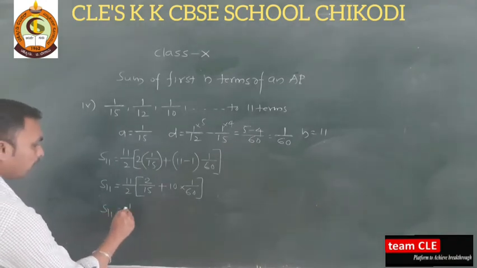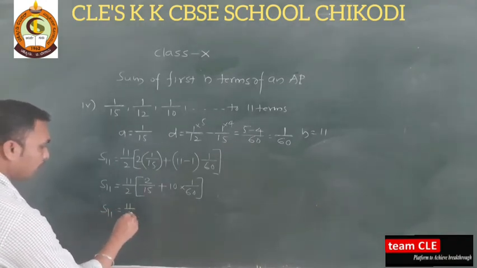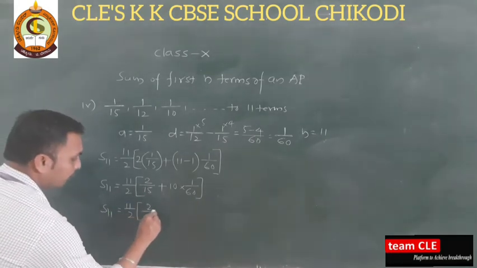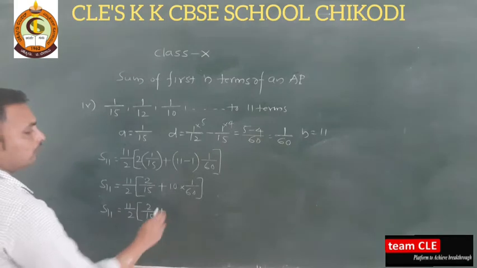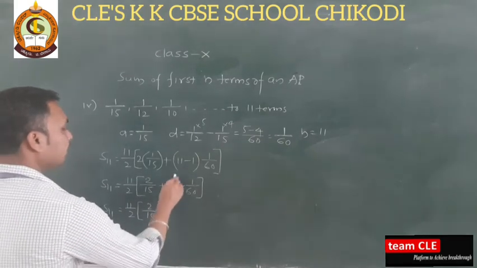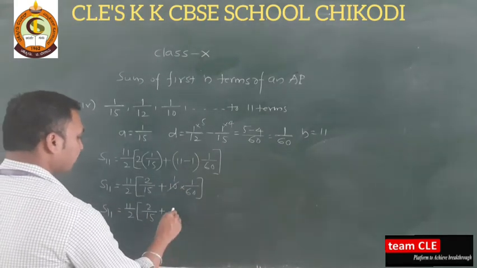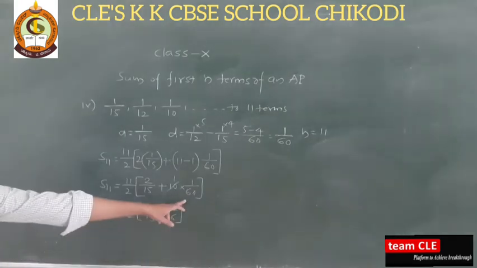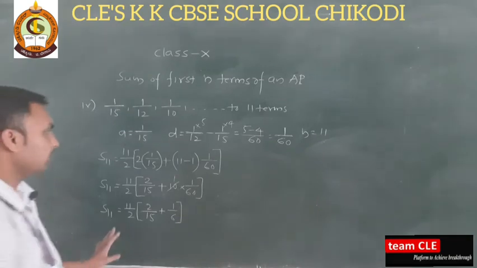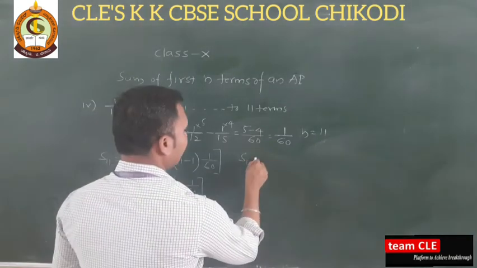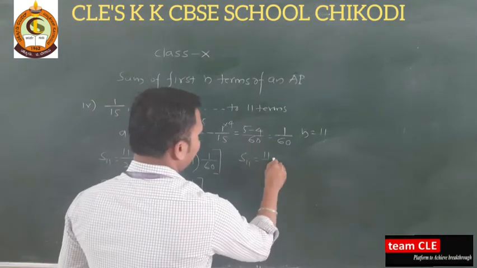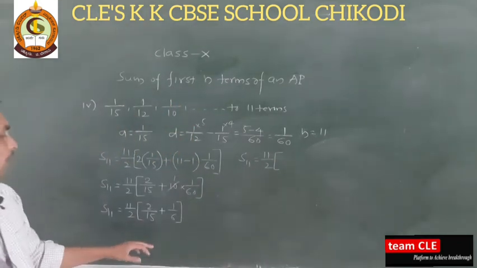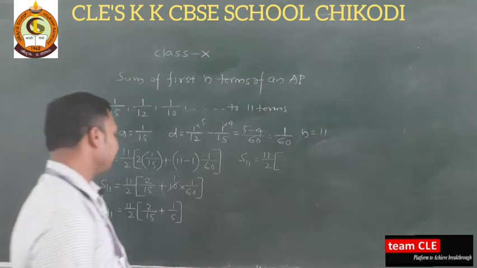S11 is 11 by 2 into bracket of 2 by 15, keep as it is, plus 10 ones are 10, 10 6s are 60, so you'll get 1 by 6 here. Next S11 is equal to, we'll keep 11 by 2 as it is into bracket of, now we can take 6 and 15 LCM.